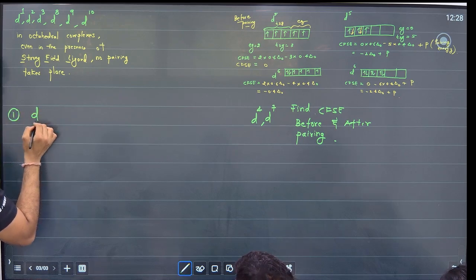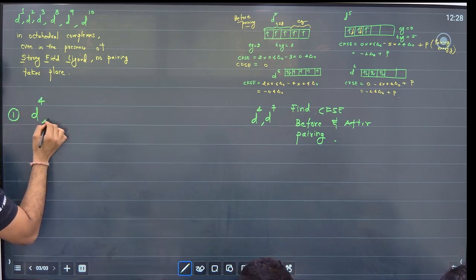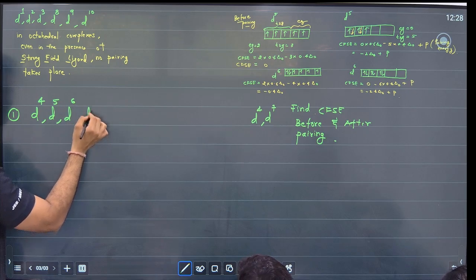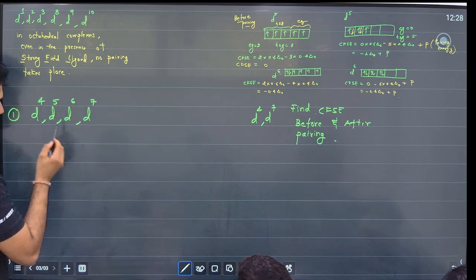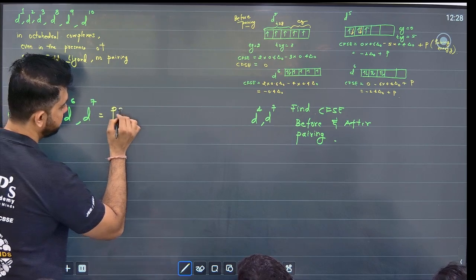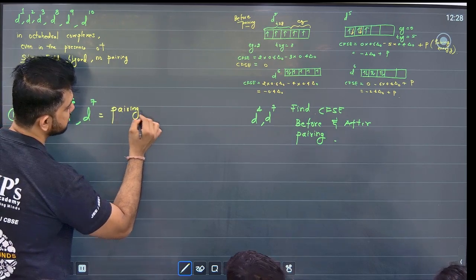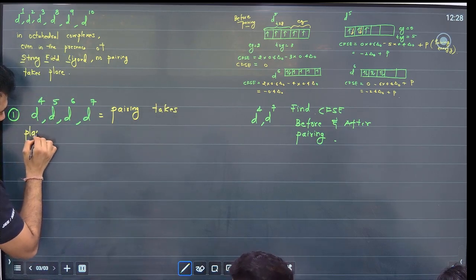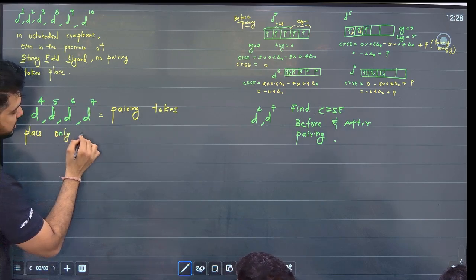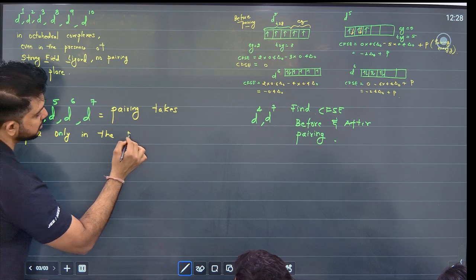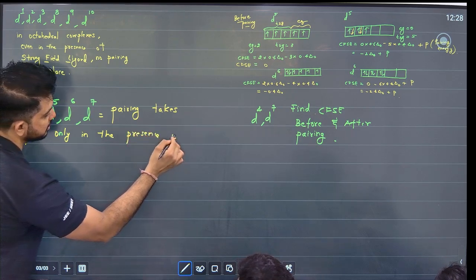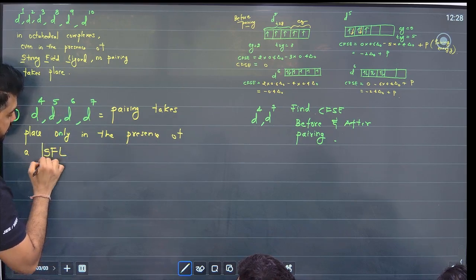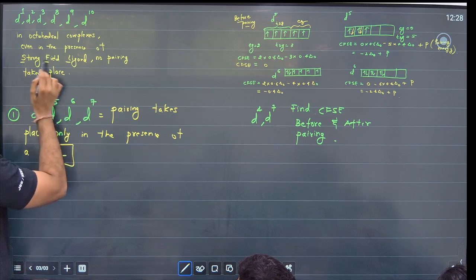So you will look for configurations D4, D5, D6 and D7. In these configurations pairing takes place only in the presence of a strong field ligand, SFL.